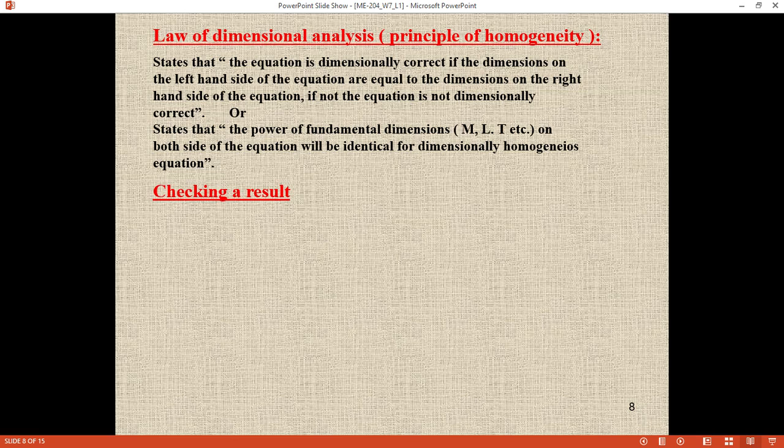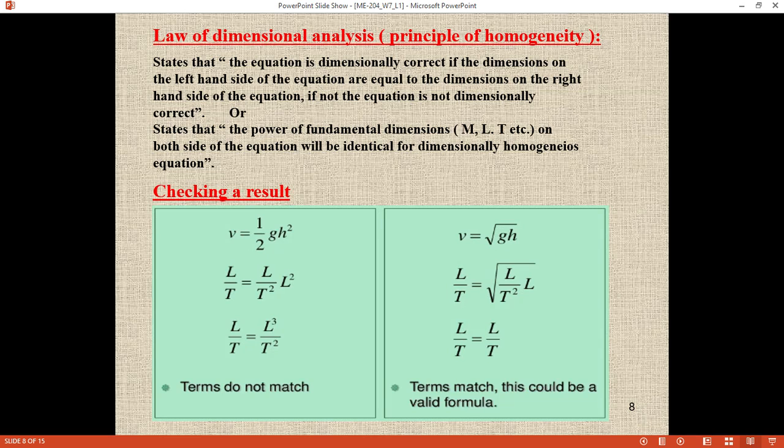Here we can check what exactly it means. There is an equation which says that velocity equals half g h square. Let's see whether this statement is correct or wrong. Apply the dimensional homogeneity principle. Velocity is length over time.